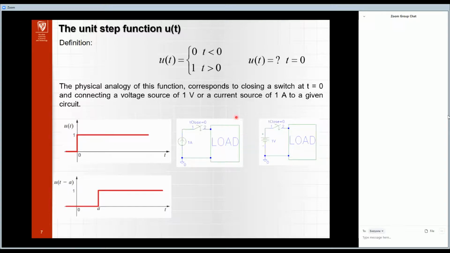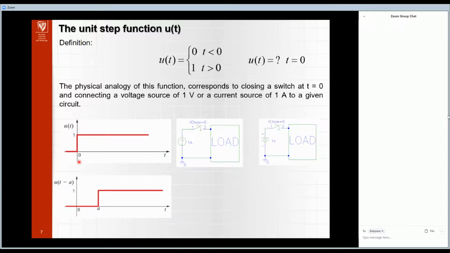And it is schematic, the picture of how this singularity function looks in time.